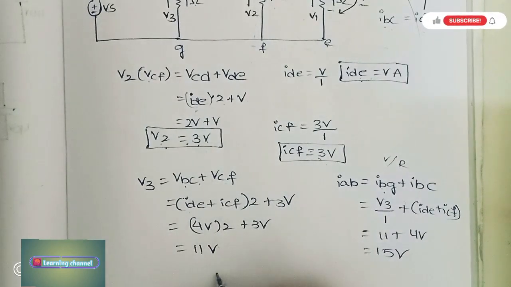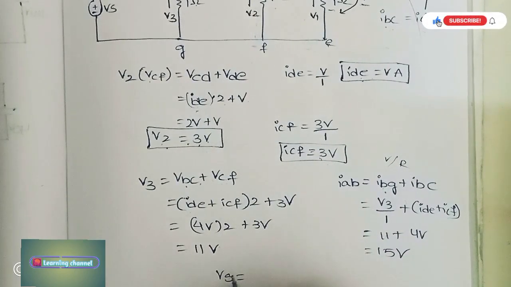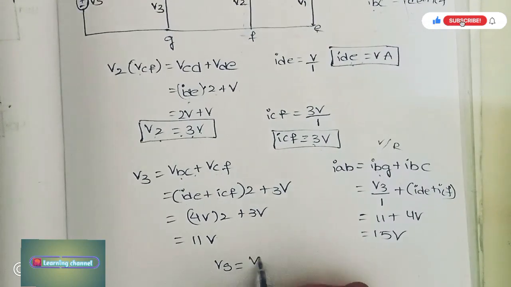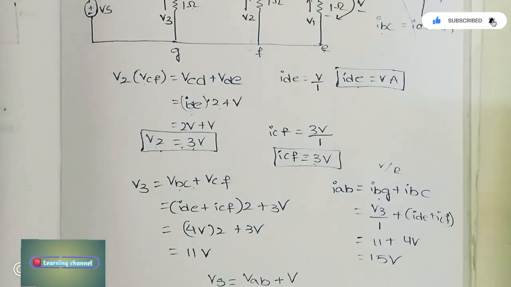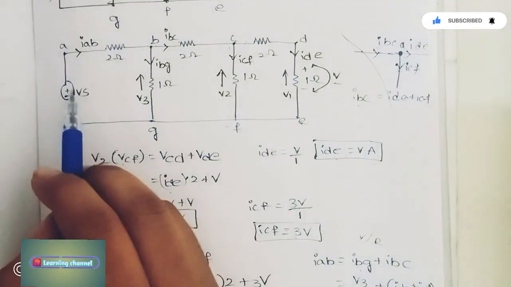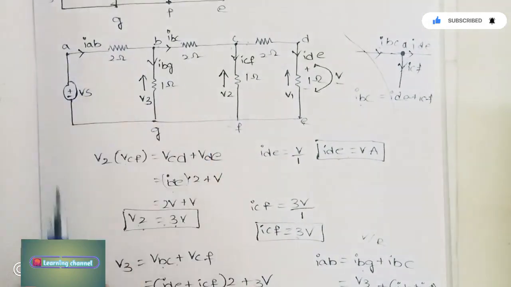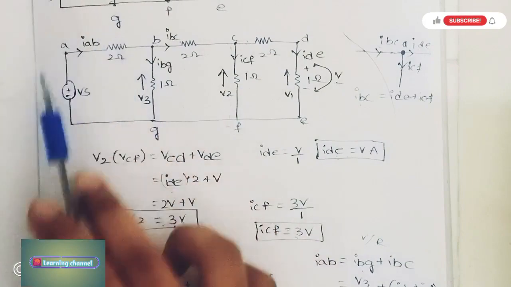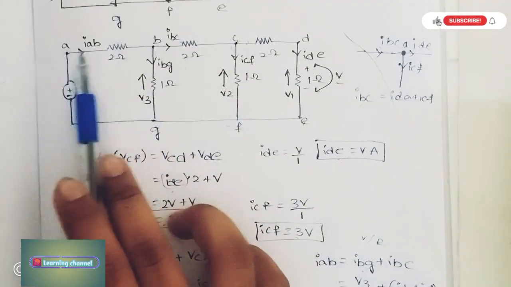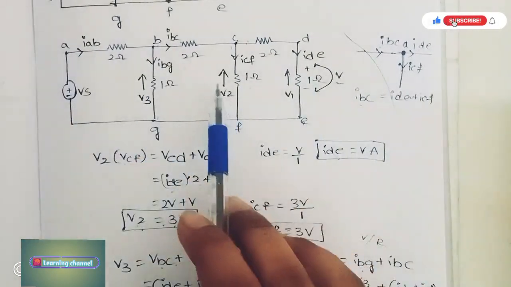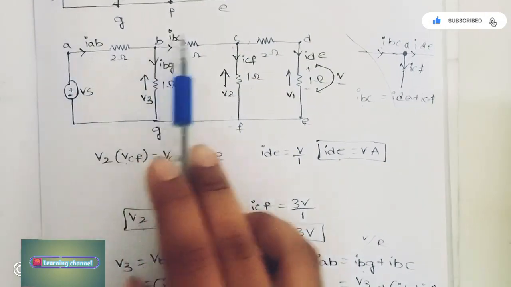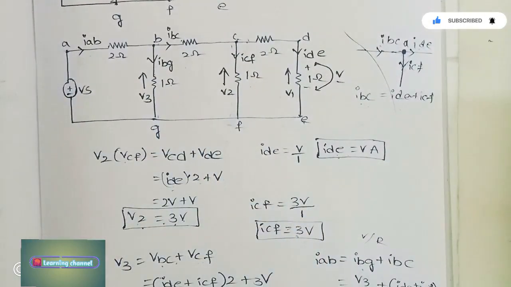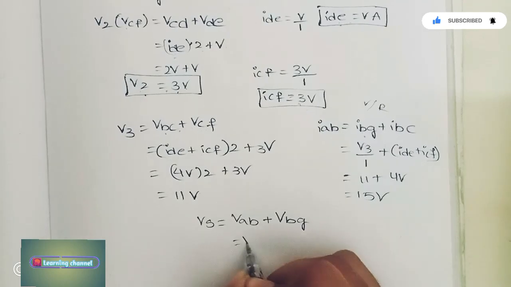By applying KVL, the battery value Vs is equal to VAB plus V3. As in the previous two loops, in the same way, VAB plus VBC, where VBC is nothing but V3.